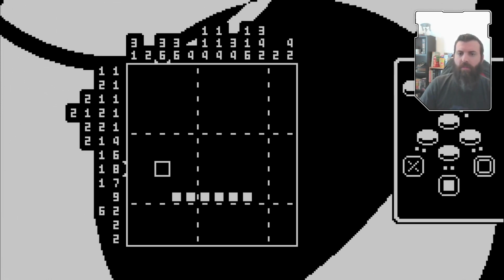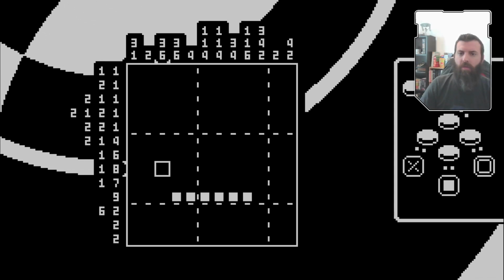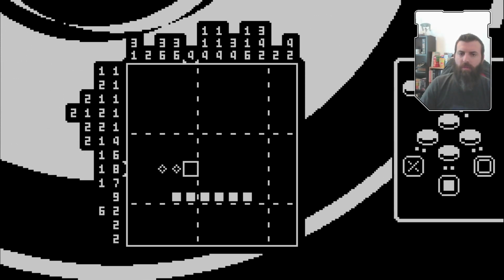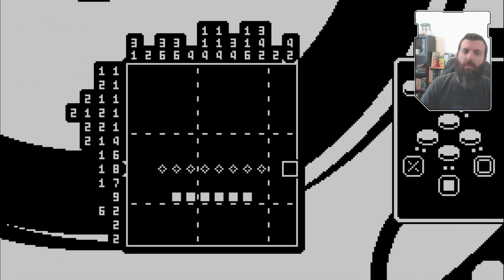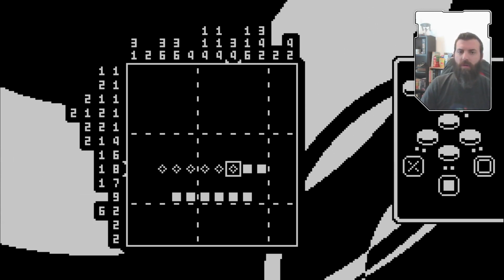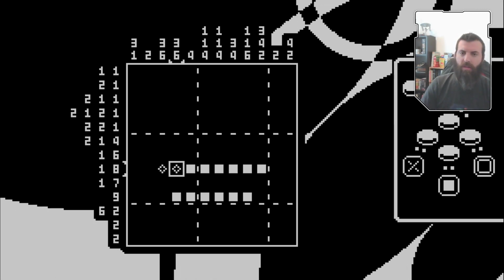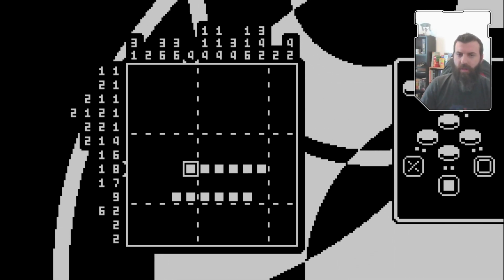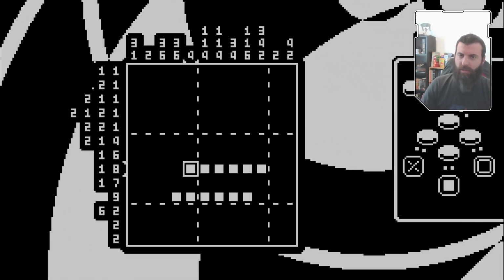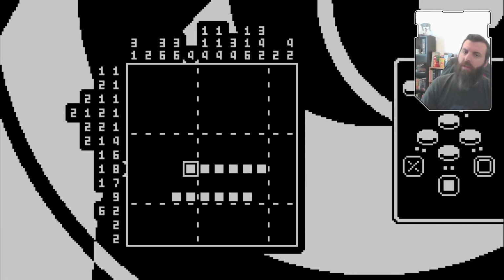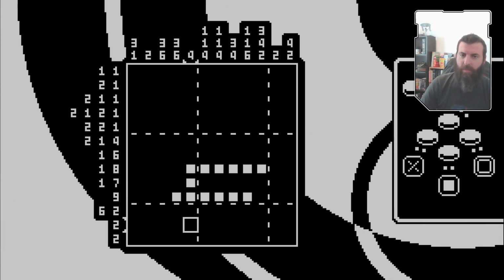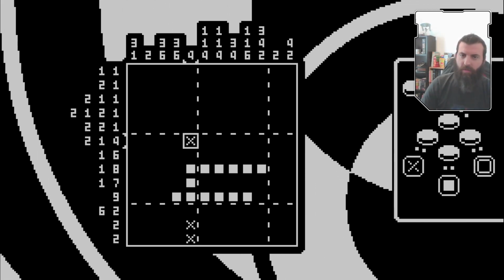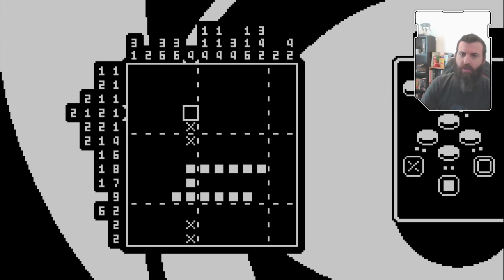Also means 1, space, 1, 2, 3, 5, 6, 8, or 1, 2, 3, 4, 5, 6, 7, 8. Know that these pixels have to be filled in for this horizontal 8. Looking vertically, we've got a vertical 4, so those 2 pixels already have to be part of the 4, which means 4 can't reach here.